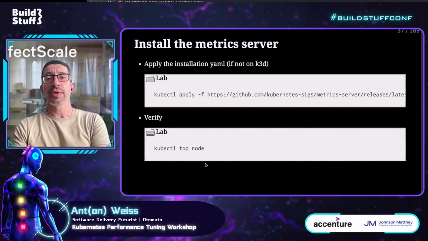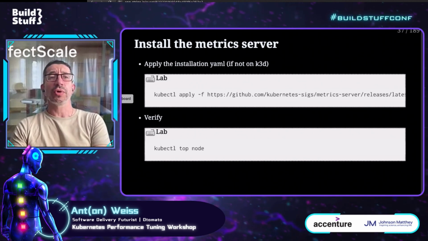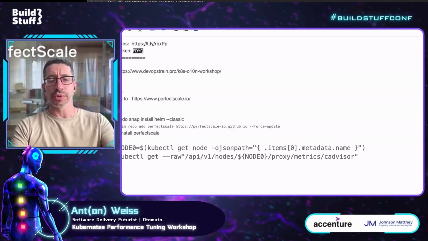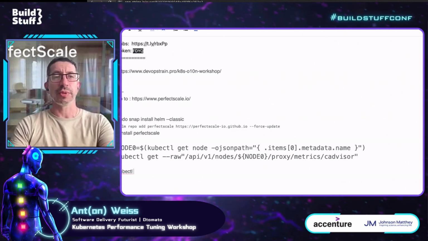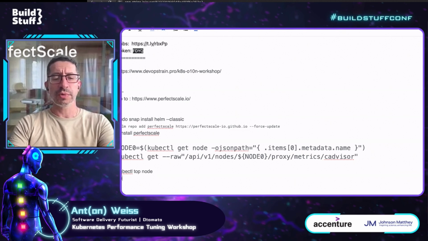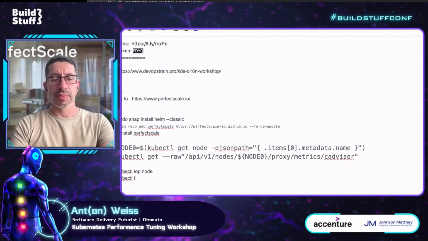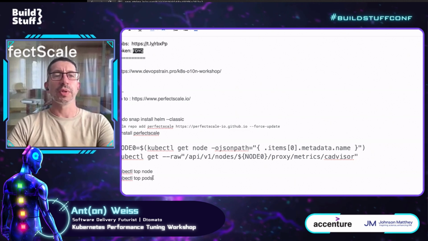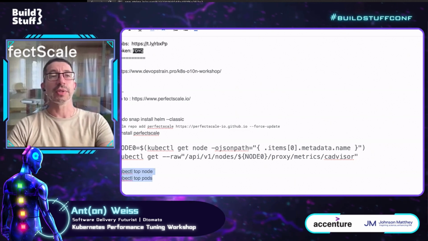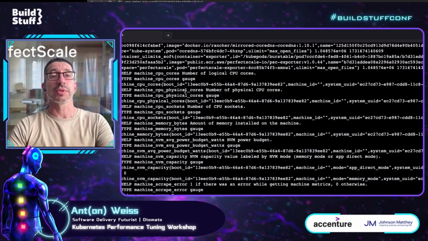It's already installed there. And once it's installed, we can, of course, use it by using the kubectl built-in command, kubectl top. We can do kubectl top nodes and kubectl top pods, and this will show us the resource allocation and utilization of pods and nodes.